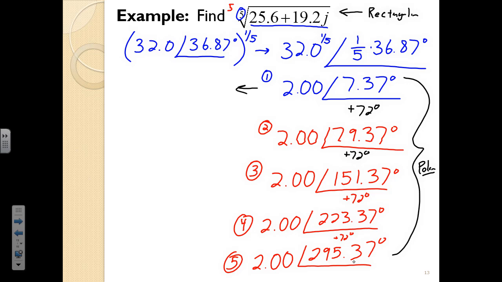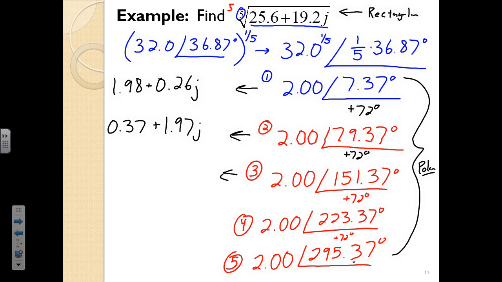I'm going to tell you what these turn out to be. That first root, 2 at 7.37, turns out to be 1.98 plus 0.26j. The second one turns out to be 0.37 plus 1.97j. The third one works out to be negative 1.76 plus 0.96j.